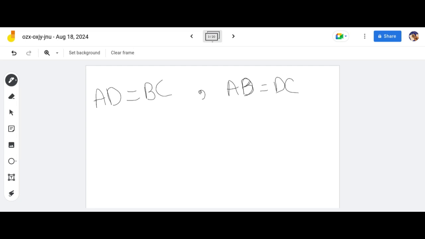So ABCD is a rectangle as opposite sides are equal and parallel to each other, and all the interior angles are 90. This is the first point. In a rectangle, diagonals are of equal length and also bisect each other. So AO is equal to OC, BO is equal to OD.